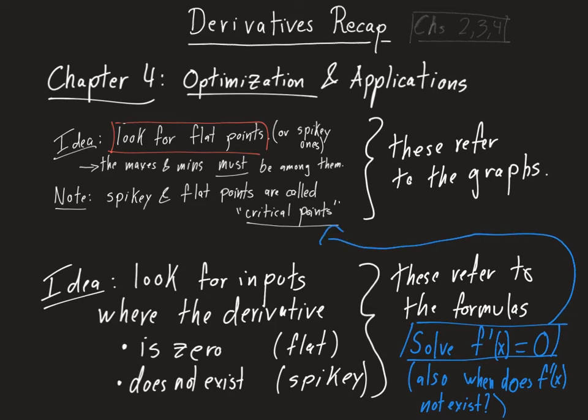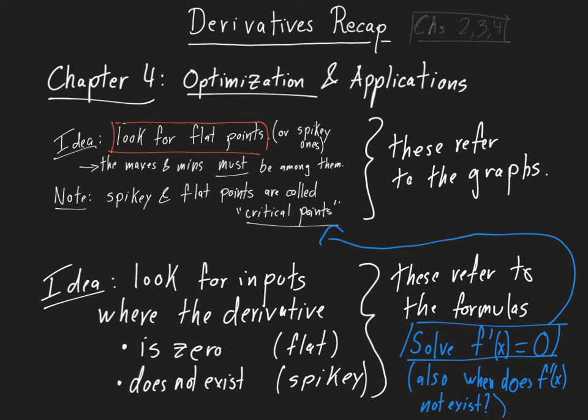Points where the derivative is 0 or where the derivative does not exist are called critical points. It's the exact same thing as points where the graph is flat or where it is spiky. These ideas, again, are one and the same, and hopefully when you try to solve problems related to this stuff, you think of both of these facts together and related to one another.